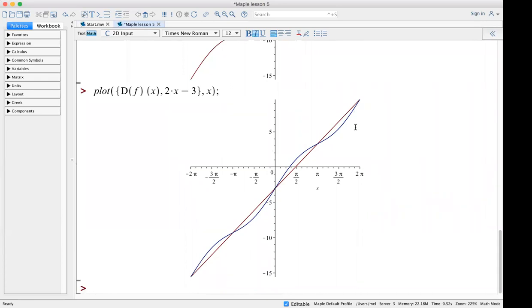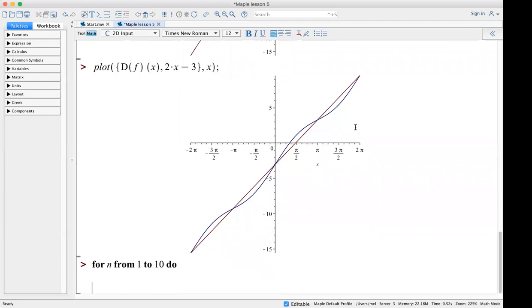So you know the derivative of x to the n is nx to the n minus 1. If you want to check, you could write a loop as follows for, let's say, n from 1 to 10 do. And I want to differentiate the function x to the n. So I have to define the function.